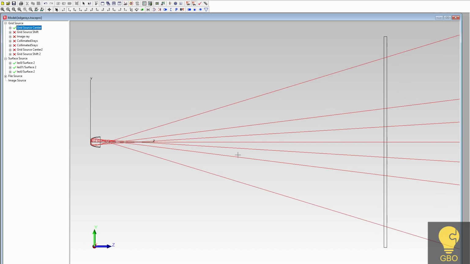The way to get there is to define or to identify the edge rays. Edge rays are the outermost rays of the light distribution. So if those rays land on the border of the target, then every other ray, all the rays that lie inside those two outermost ones, will land on the target as well.